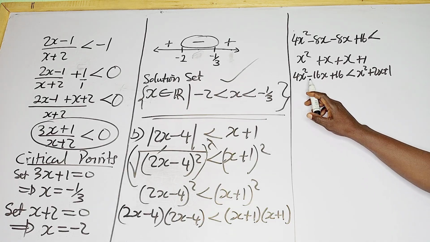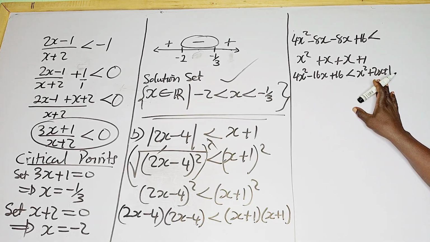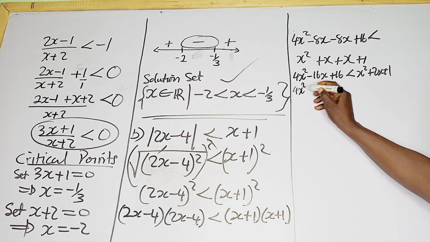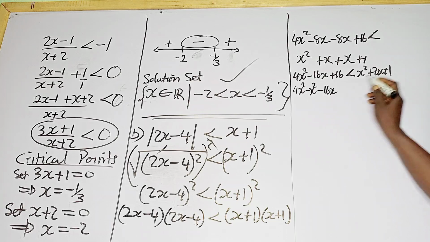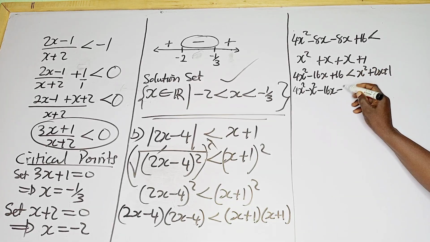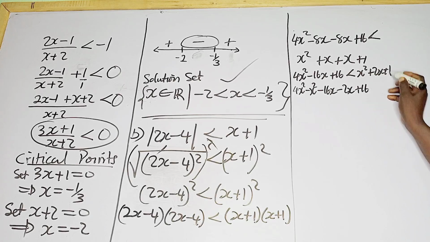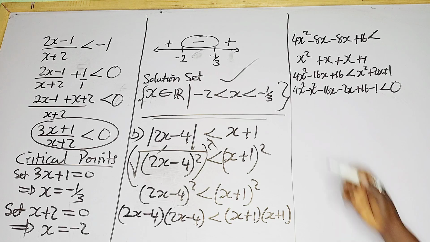So let's bring everything to the left hand side so that we can have 0 on the right hand side. We take this x squared this way: 4x squared minus x squared minus 16x. We take this 2x this way, it becomes minus 2x plus 16. We take this 1 this way, it becomes minus 1. Then we have less than 0.